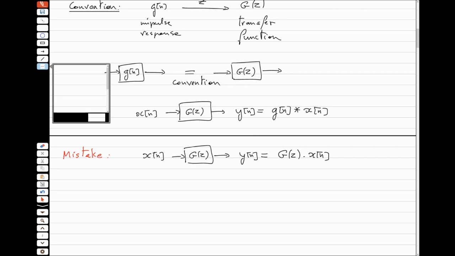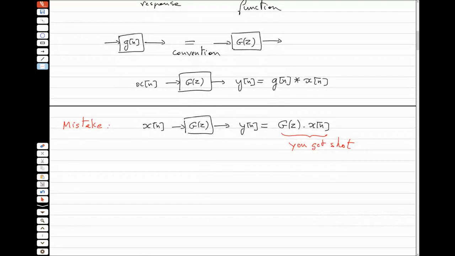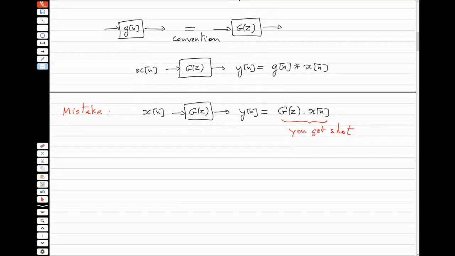In general, as soon as you write an expression that mixes time and z domain in the same formula, you are going to get shot. I typically see y of z equals y of n, or y of n equals y of z. You cannot write this, you get shot.